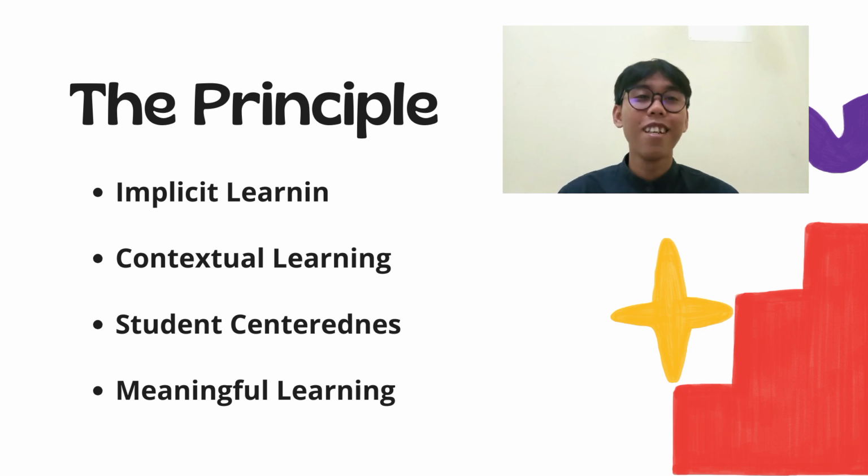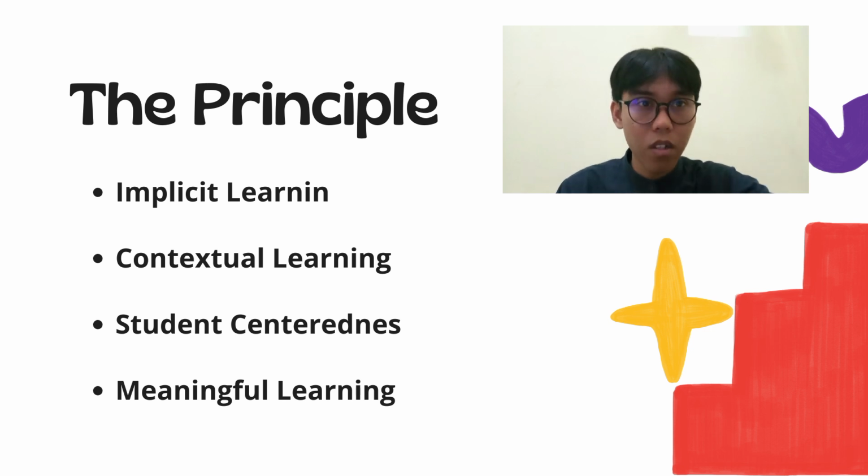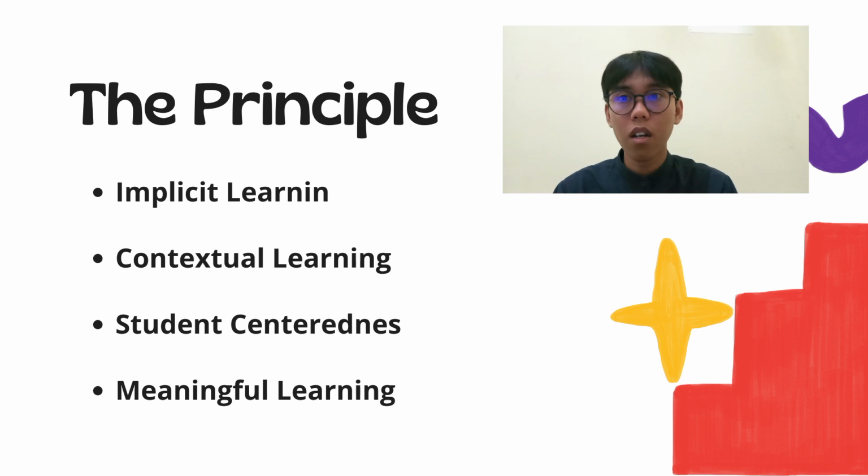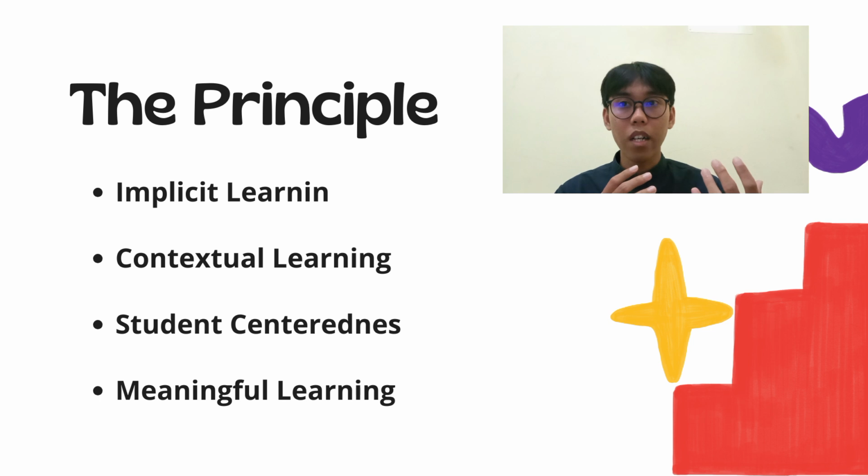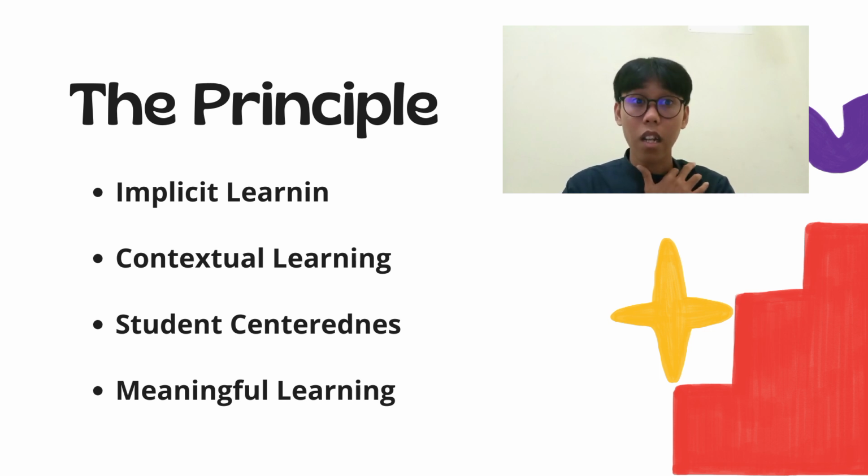The last is meaningful learning. Meaningful learning emphasizes connecting new knowledge to students' prior experiences or background knowledge. The goal is not just to memorize, but to understand deeply and use language in a real life context.